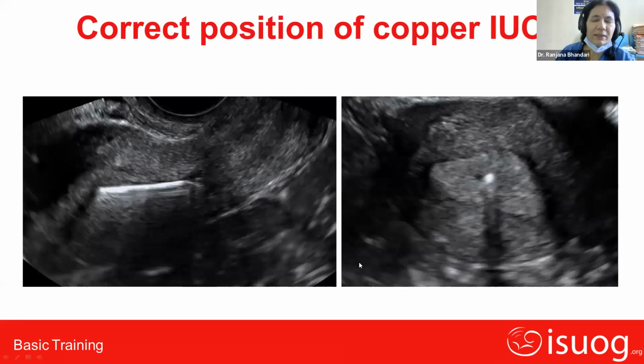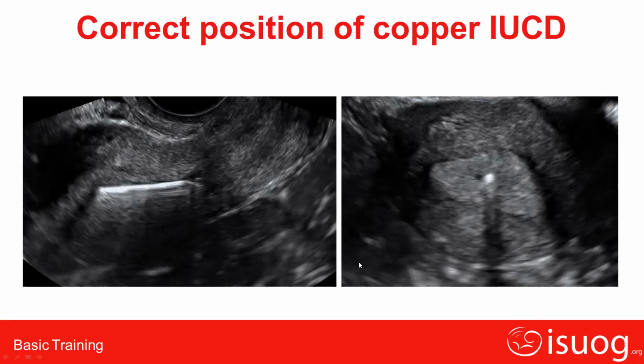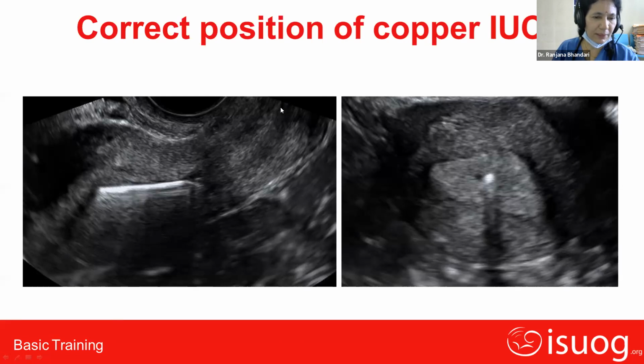Now coming to something very important. These are the pathologies, but still many times we also have to do ultrasound in order to find out the position of the IUCD. See, this is when the patient comes. These days we are giving a lot of PPIUCD and PAIUCDs in our hospital to all the patients, and in interval IUCD we have the thread down.